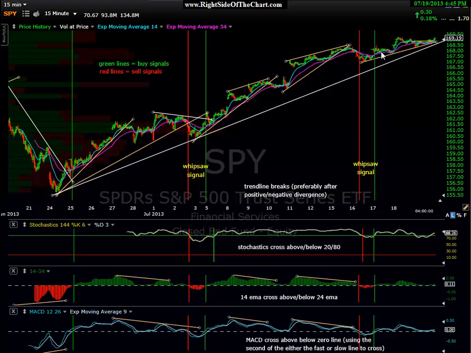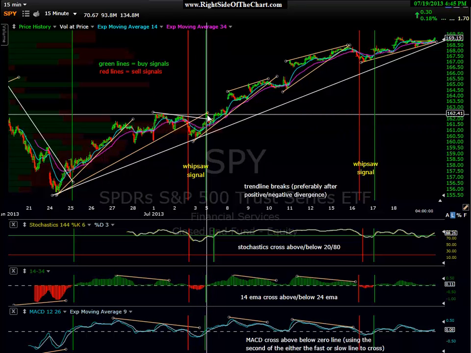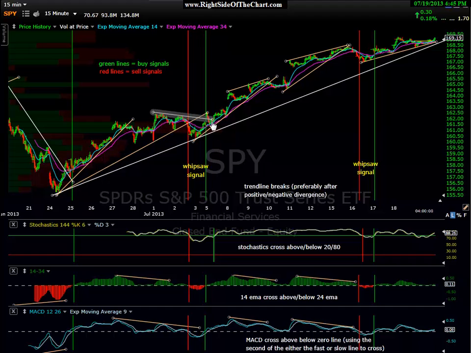So, not a very bad whipsaw if you were to get in short and then get out as soon as those signals reverse. We had another whipsaw back here, but if you follow the crosshairs, where the signal came to where you were told to get back out, the damage was minimal. So pretty much those were whipsaws within this larger uptrend here.